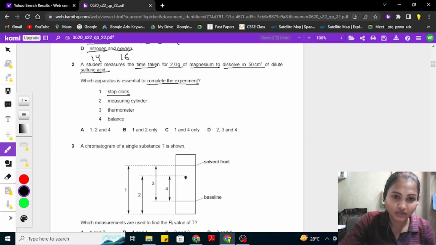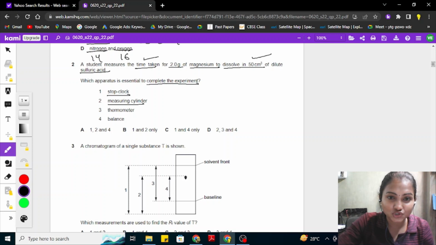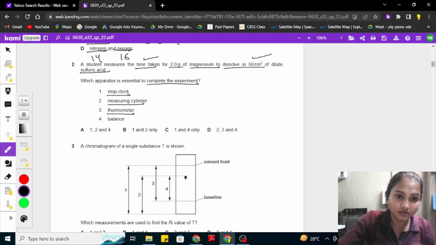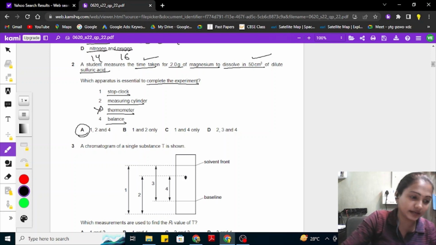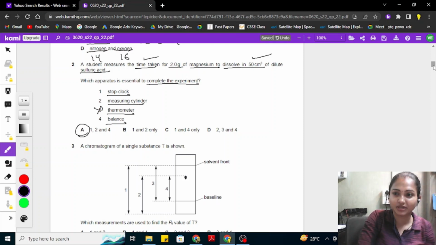Stop clock, yes, because the time is taken. Measuring cylinder to measure. Thermometer, there is nothing in the statement related to the thermometer, so it is not. Balance, yes, to measure 2 grams. So we have to choose options 1, 2, and 4, and option A is correct for us. So the answer is option A.